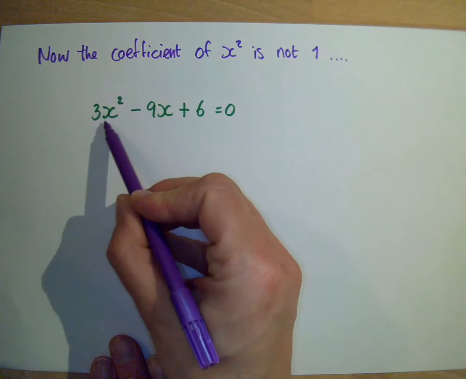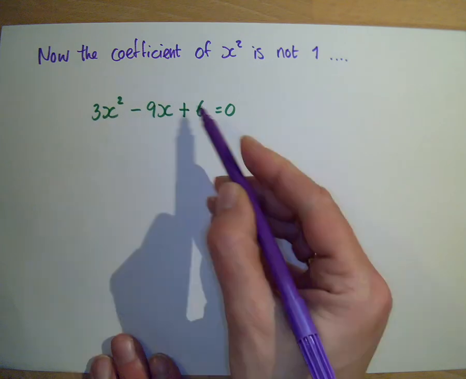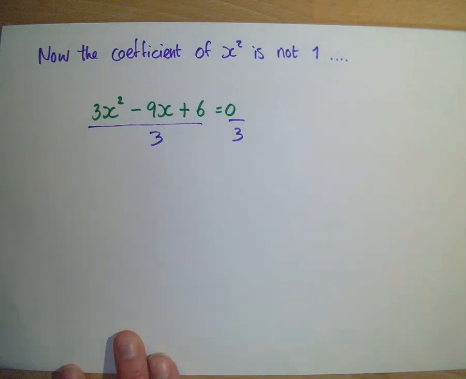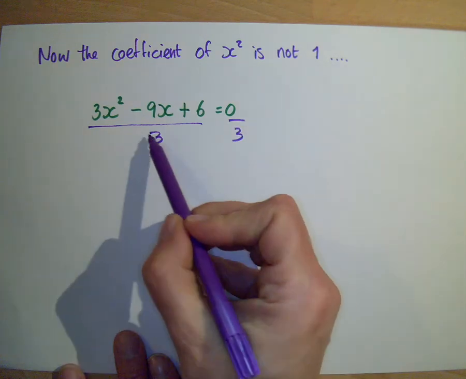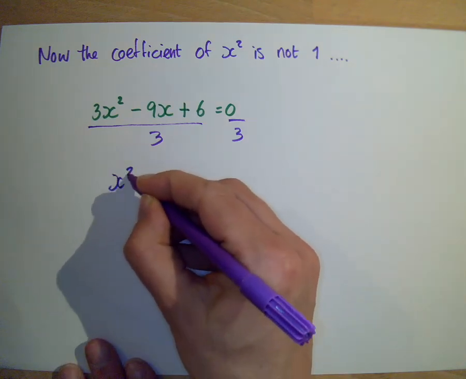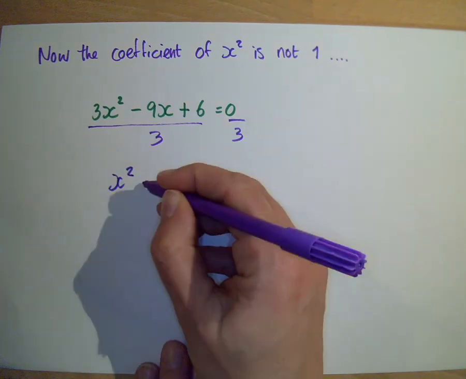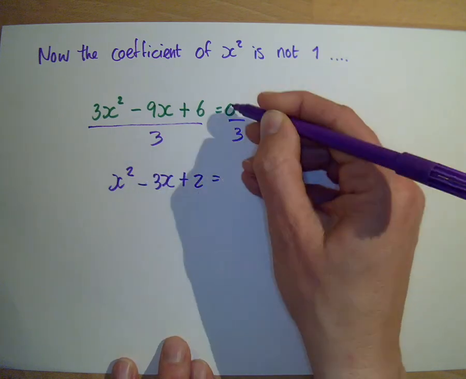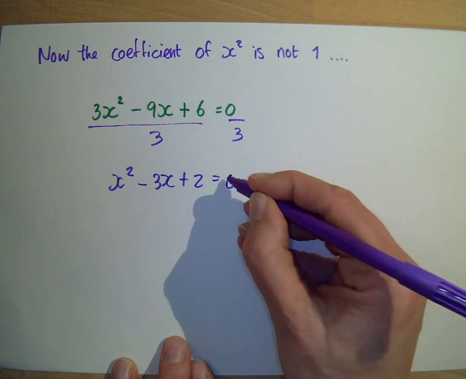If I want to get rid of the 3 here, I just divide by 3, right? So how about we just divide both sides of the equation by 3. Here that means dividing each term by 3. It gives us x squared minus 3x plus 2 equals 0 divided by 3, still 0, right?